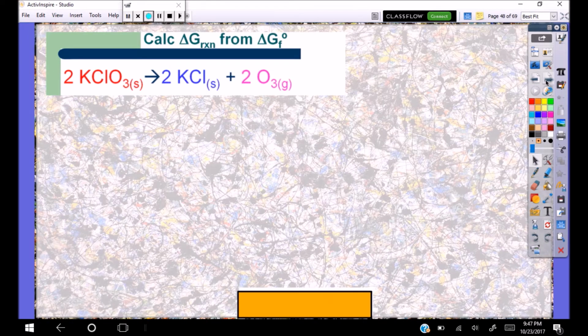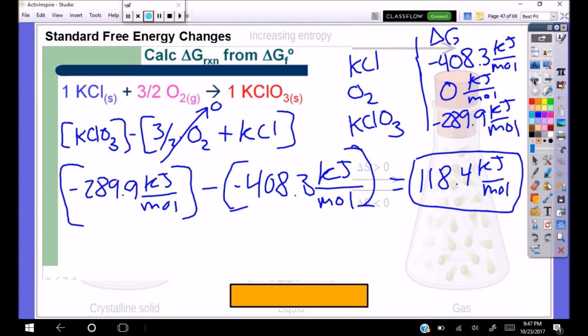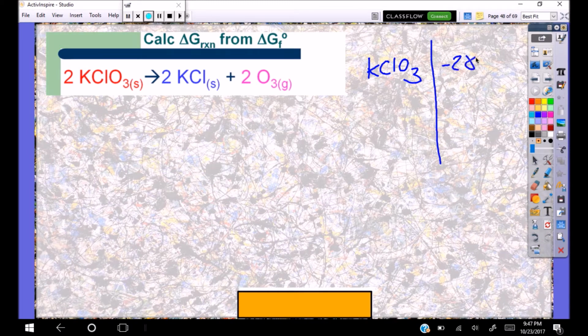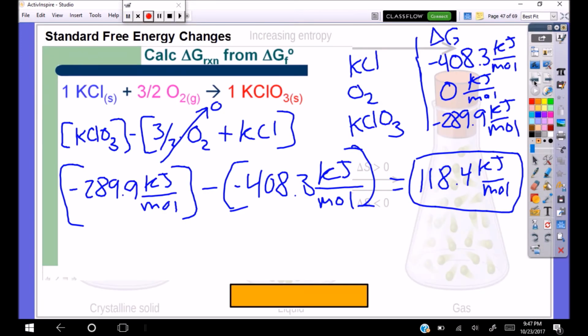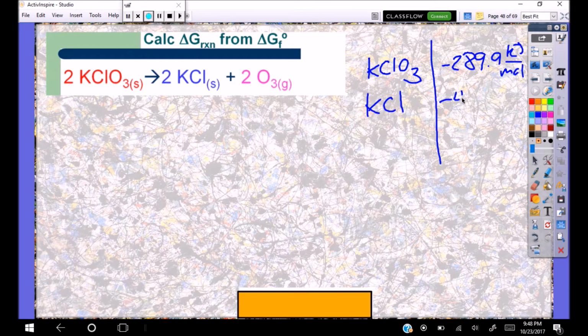Alright, here's another one. We still have to look up our values here. So we can use the same value as before for KClO3, which we said was negative 289.9 kilojoules per mole. KCl solid, that was the negative 408.3.